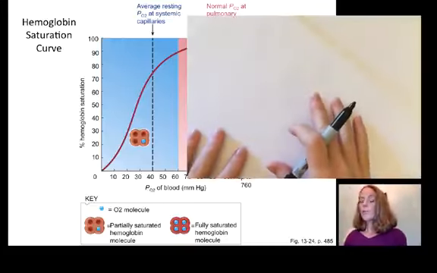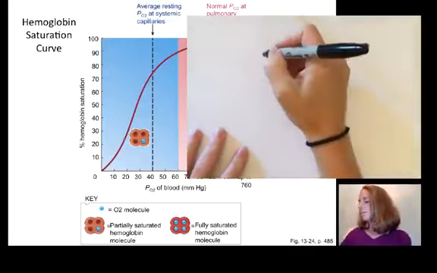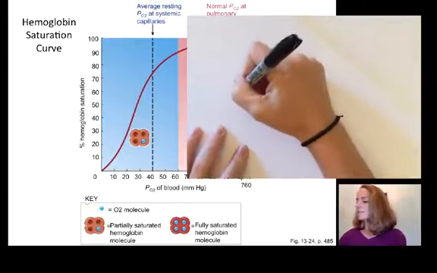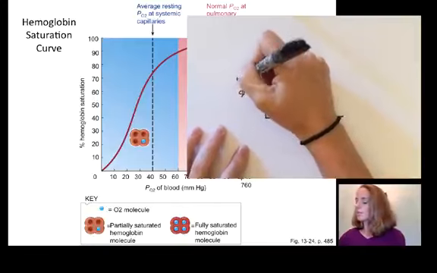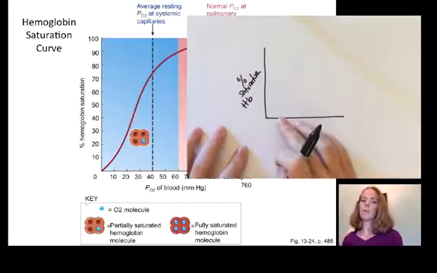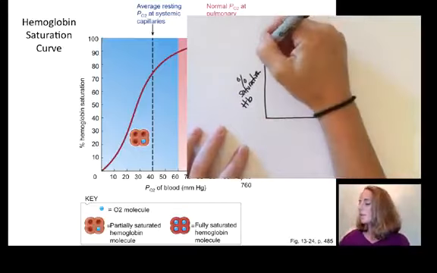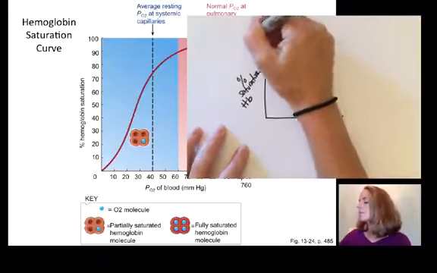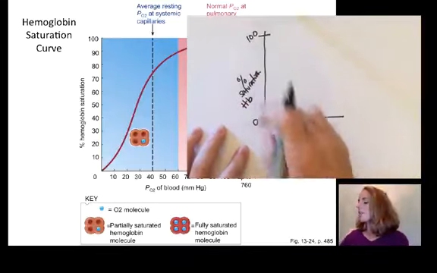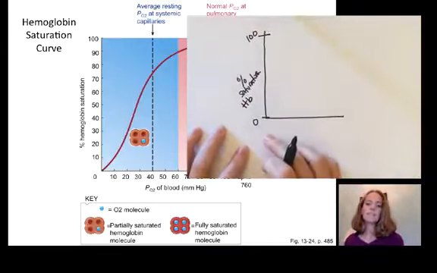Okay, so what we have here is the percent saturation of hemoglobin. I'm just going to abbreviate hemoglobin with HB. So just to give you guys a visual, we're going to go from 0 to 100 on the hemoglobin saturation scale.